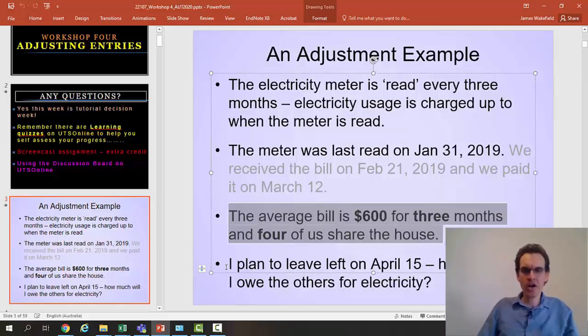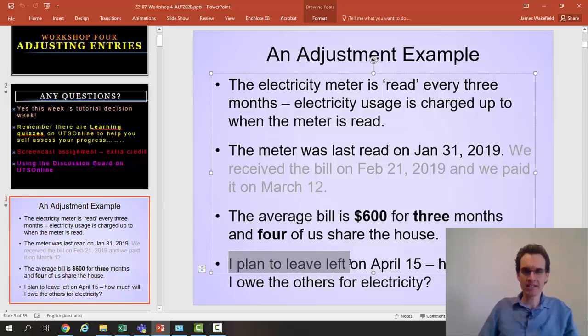So the question I have for you now is, I plan to leave on April 15. How much will I owe the others for electricity? The key information we can see here is that the meter was last read on January 31. So accordingly, you were charged for electricity usage up to and including January 31.